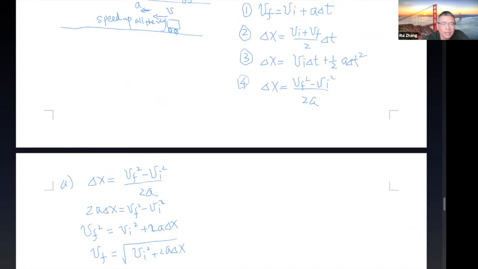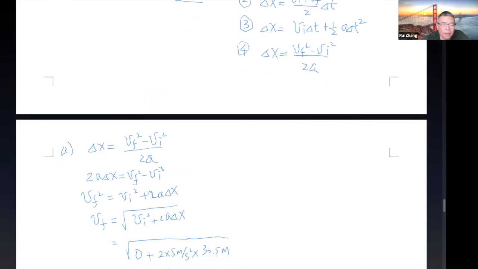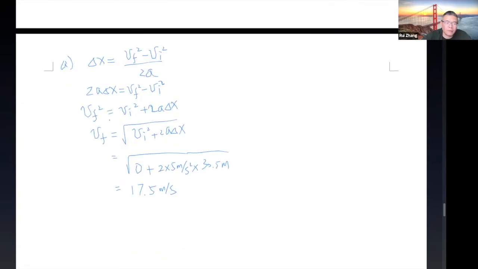As I said, another way to do it would be directly plugging numbers. From this formula, plug in the numbers right here. So you have 30.5 meters equal to VF squared, and VI is 0, so minus 0, divided by 2 times 5 meters per second squared.